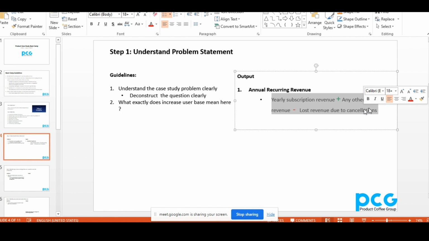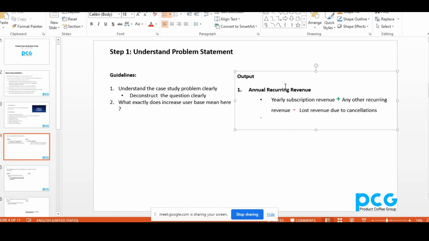What is it? So when we are saying yearly subscription revenue, is it yearly subscription revenue from new users or existing users? That's a very good important question. Yeah, those are the two different users, right? To increase the revenue, what you can do is tap into the existing pool of users. From the existing pool of users, you have to increase the number of paid users. That is one way.